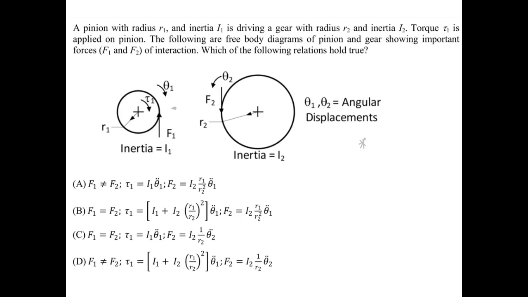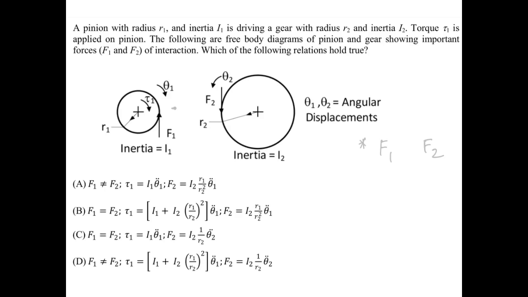Now they are asking us to come up with a set of equations which will be true in this case. If you observe the options very carefully, almost all options have a relation connecting F1 and F2, which are respectively the forces felt by each of these individual objects at the point where they interact with each other.